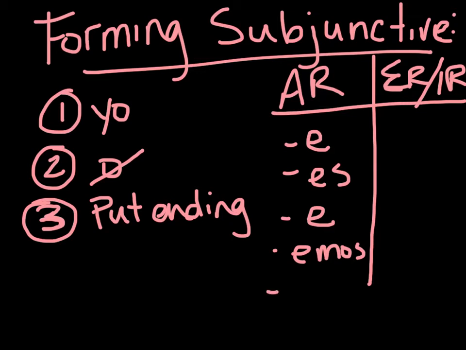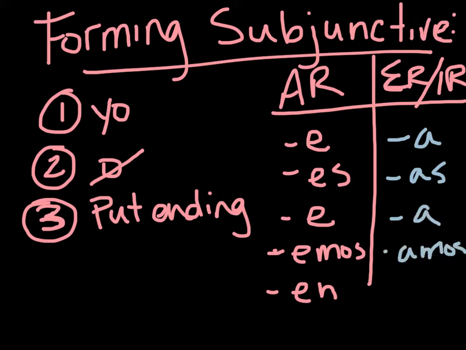And our ellos en. Ustedes and ellos. Okay? So es, emos, en. Those are your verb endings. For your ER and IR verbs, we swap out our E's for A's. A, as, a, amos, an.